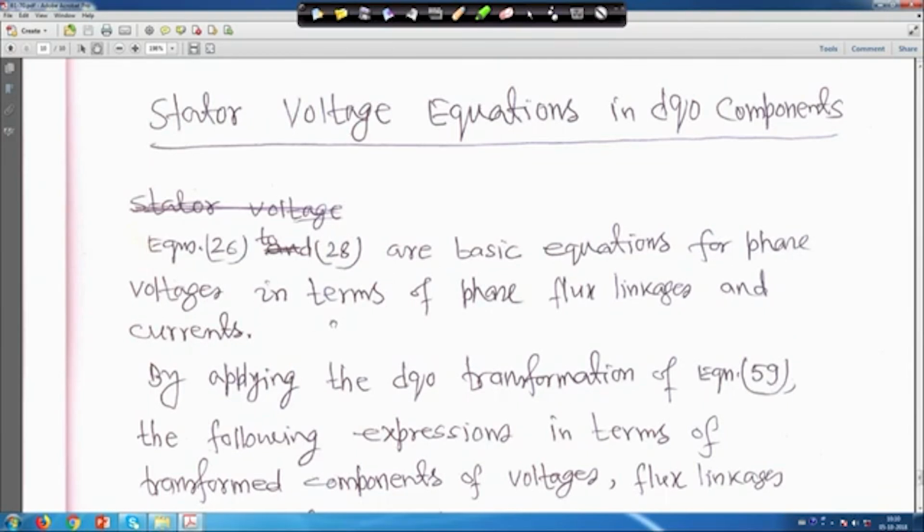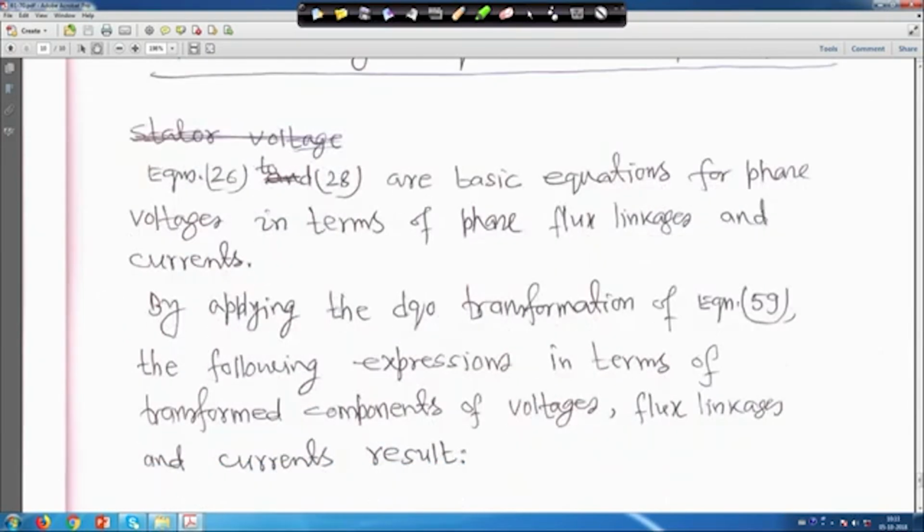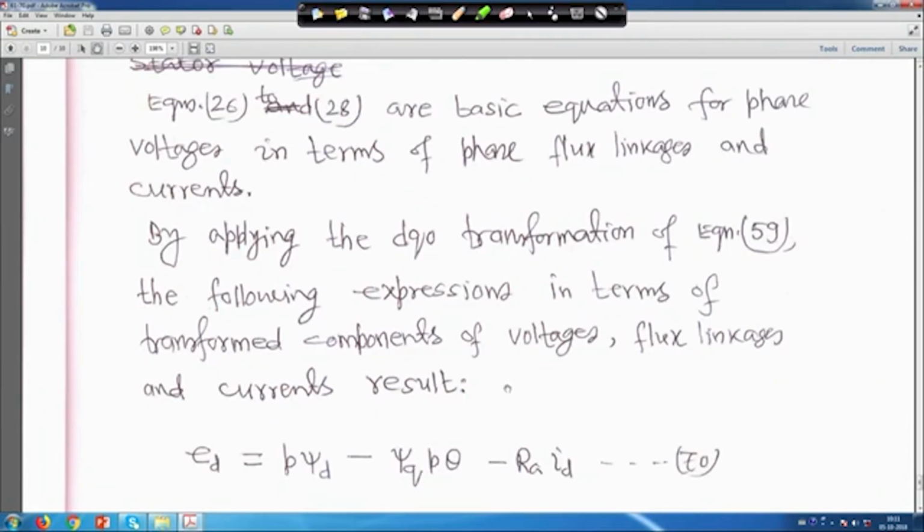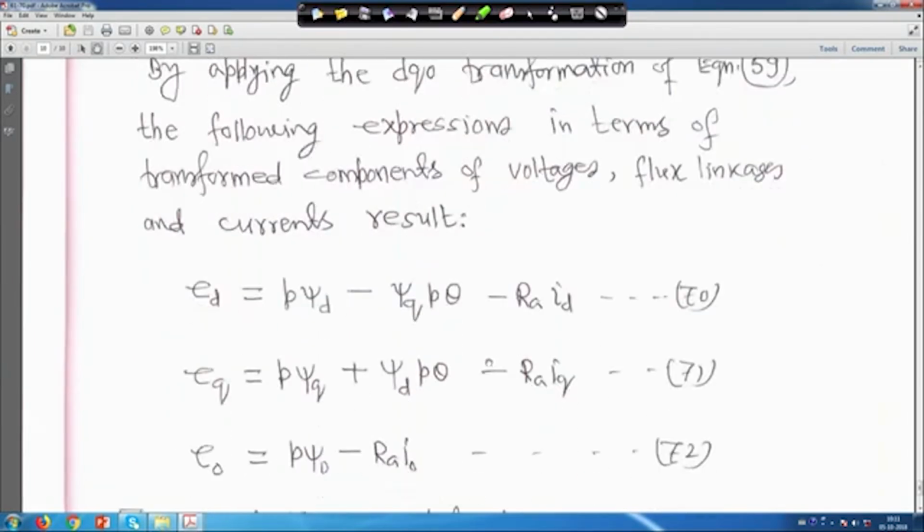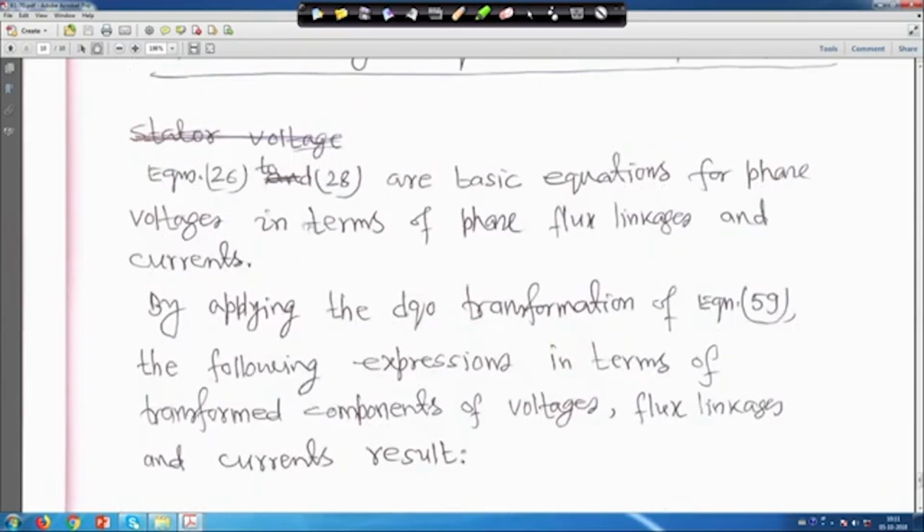By applying the dq0 transformation using equation 59, you will get the following expressions in terms of transformed component voltage, flux linkage and current.